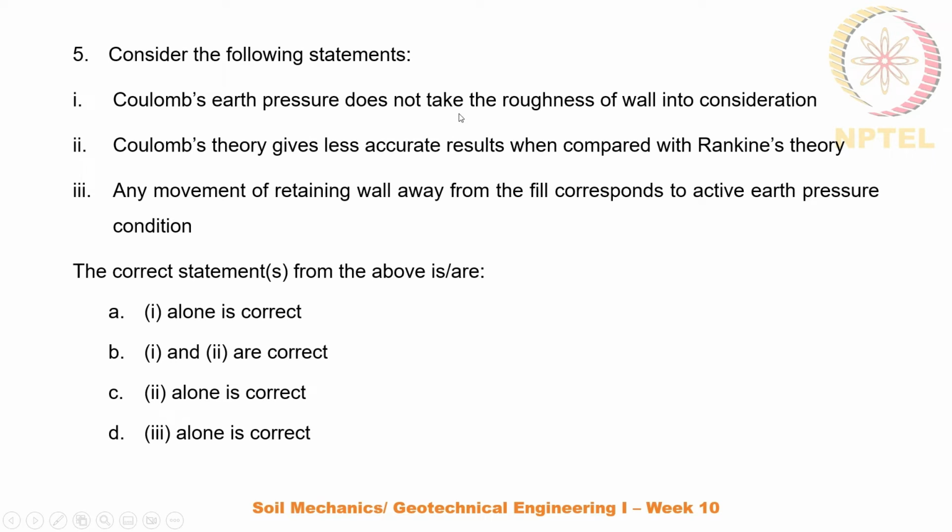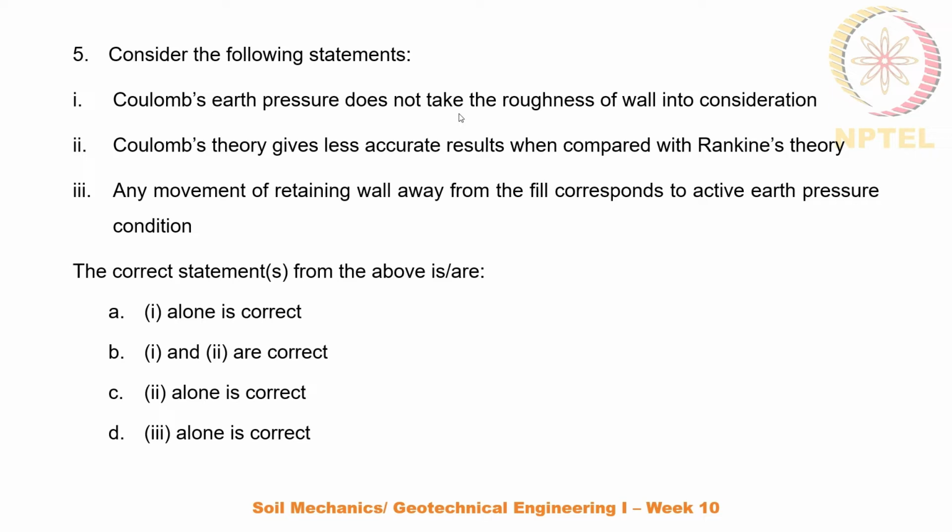Consider the following statements. Statement 1, Coulomb's earth pressure does not take the roughness of the wall into consideration. Statement 2, Coulomb's theory gives less accurate results when compared with Rankine's theory. Statement 3, any movement of the retaining wall away from the fill corresponds to the active earth pressure condition.